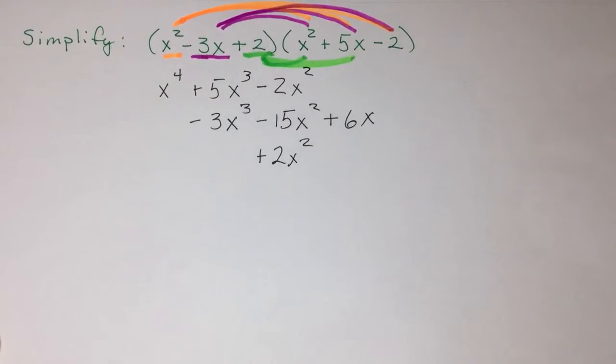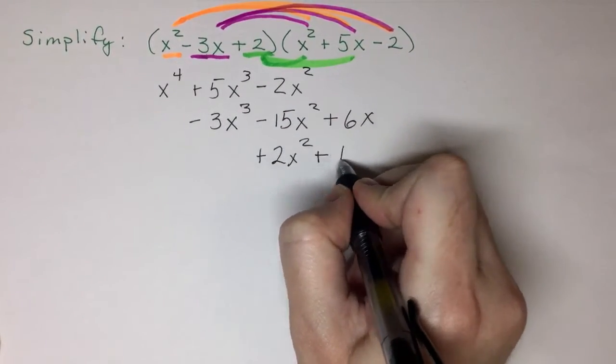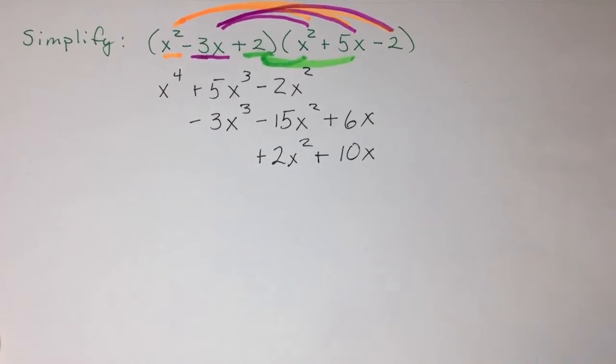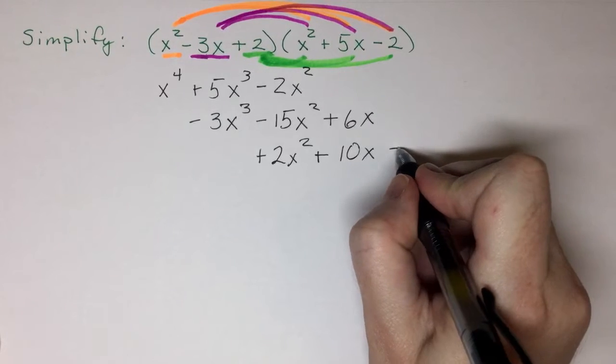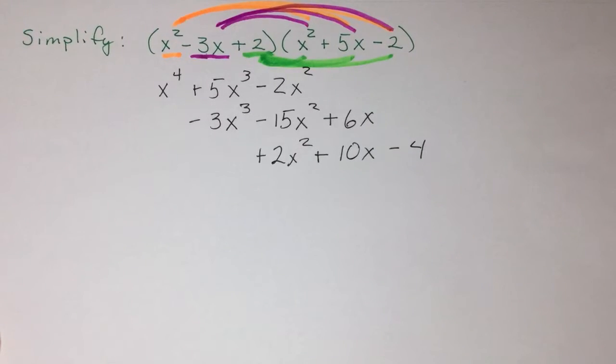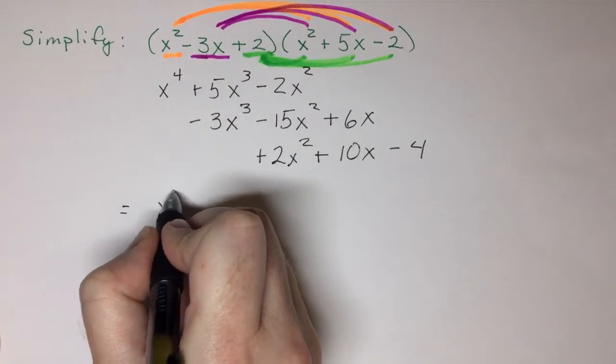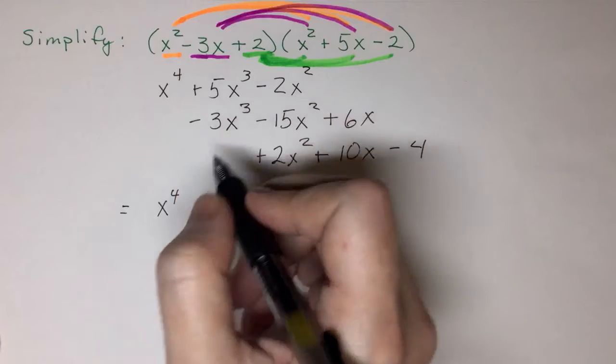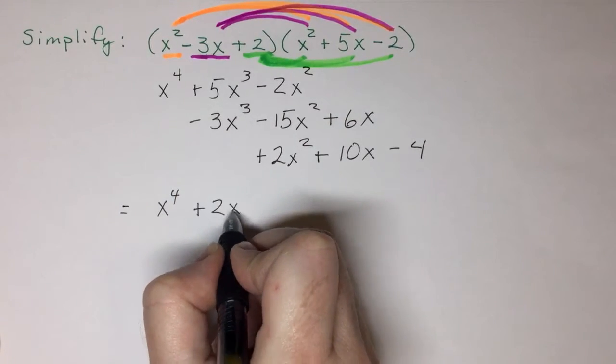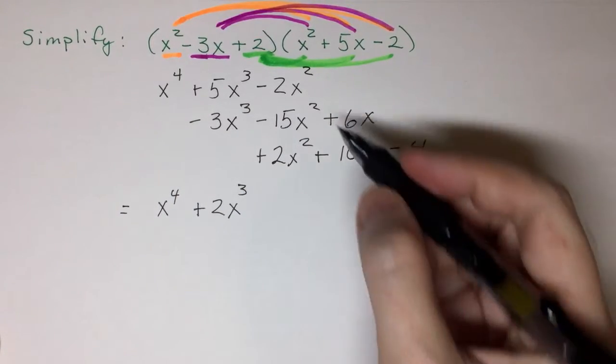2 times 5x, plus 10x. 2 times negative 2, minus 4. I've done my distribution. I still need to combine like terms. X to the 4th, 5 minus 3, plus 2x cubed.